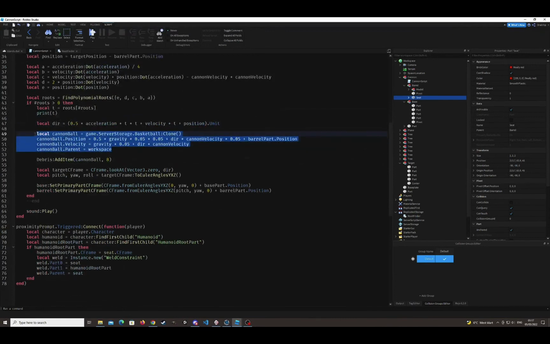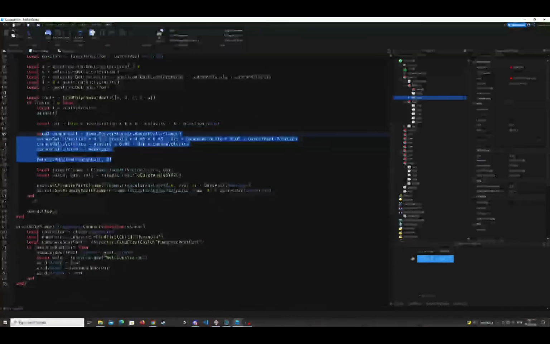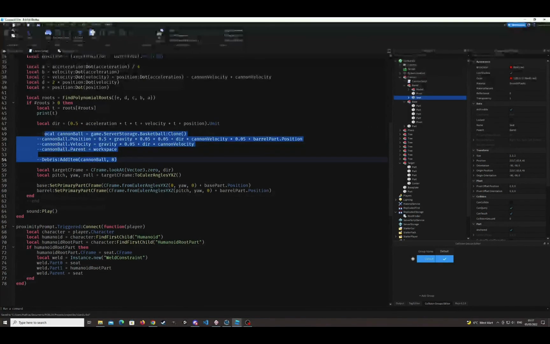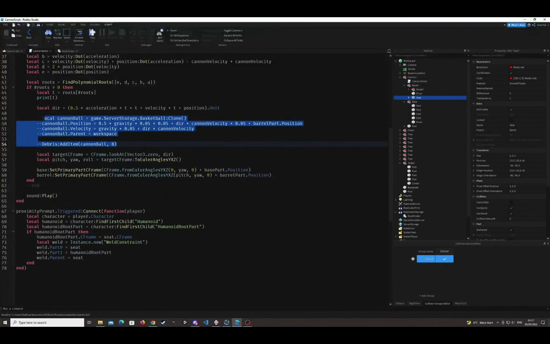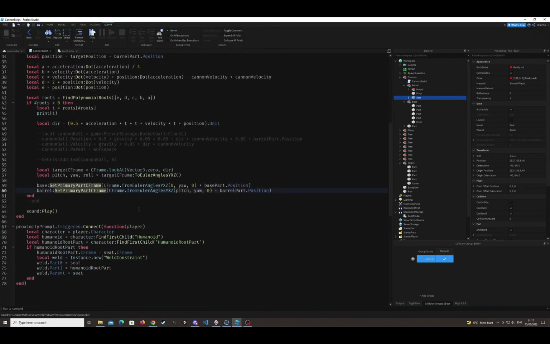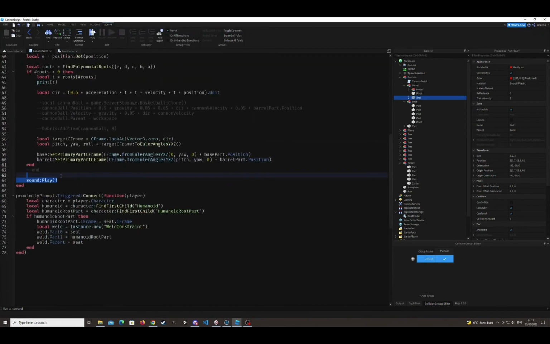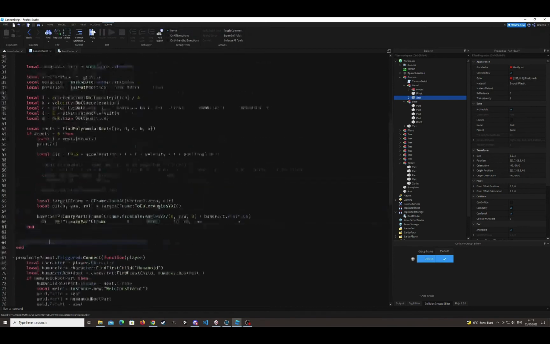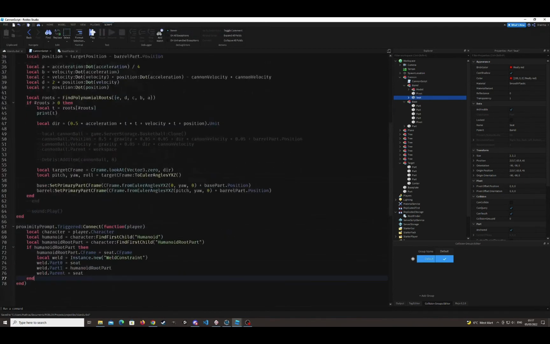Now we don't want to fire a cannonball, of course. We want to fire ourselves. So let's do that. I don't think this cannon actually has sounds in it, so what if we just fire after this?